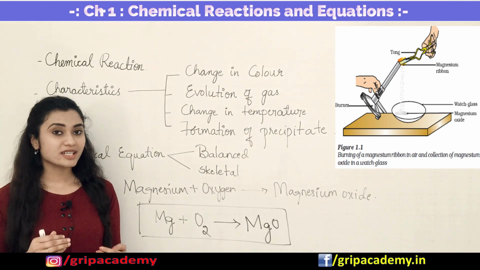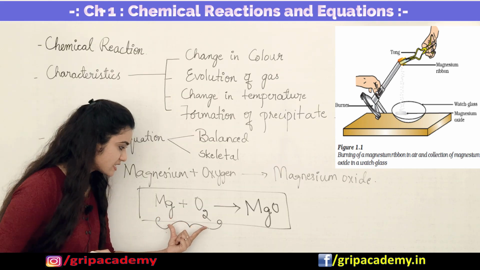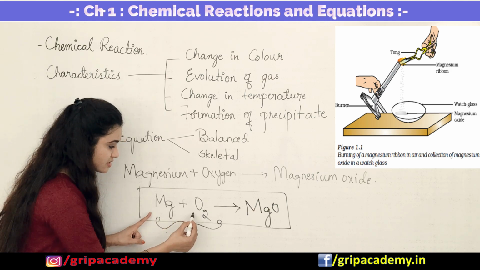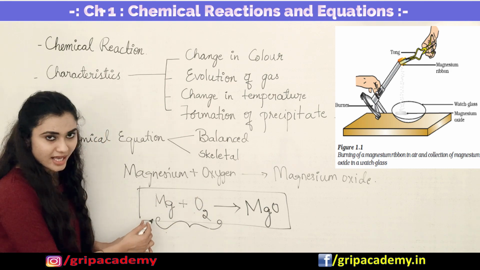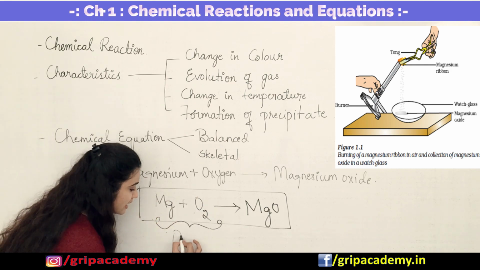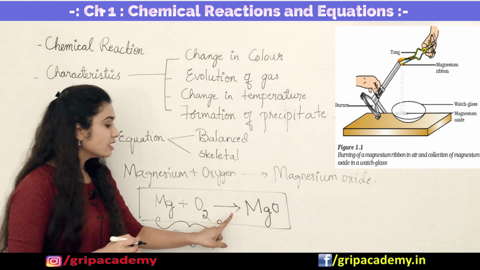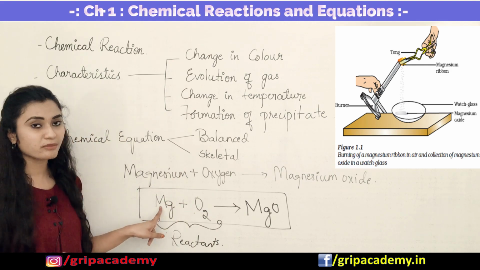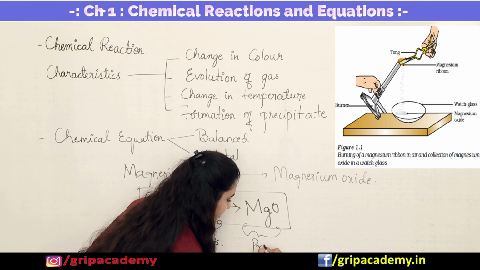Coming to reactants and product, you can see that magnesium and oxygen have been written on the left hand side. These two chemical substances which are taking part in the chemical reaction, you can term them as reactants. And the resultant which has been produced because of the reaction between these two reactants, you can call a product.